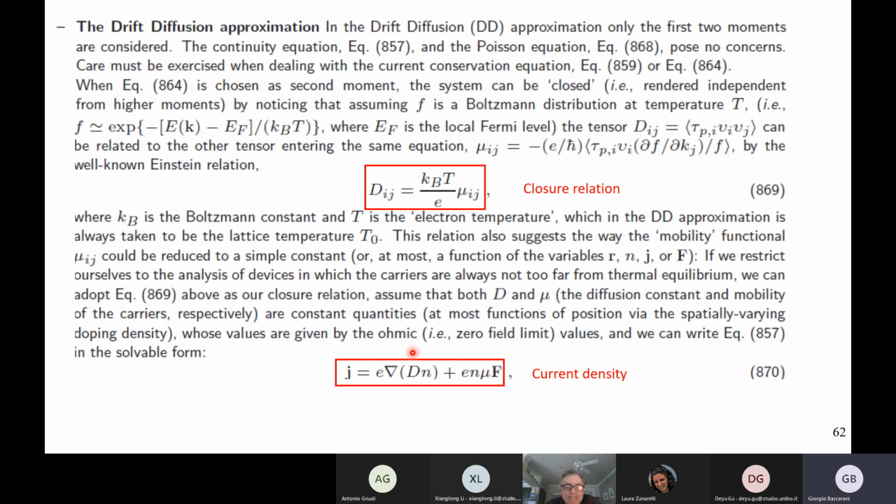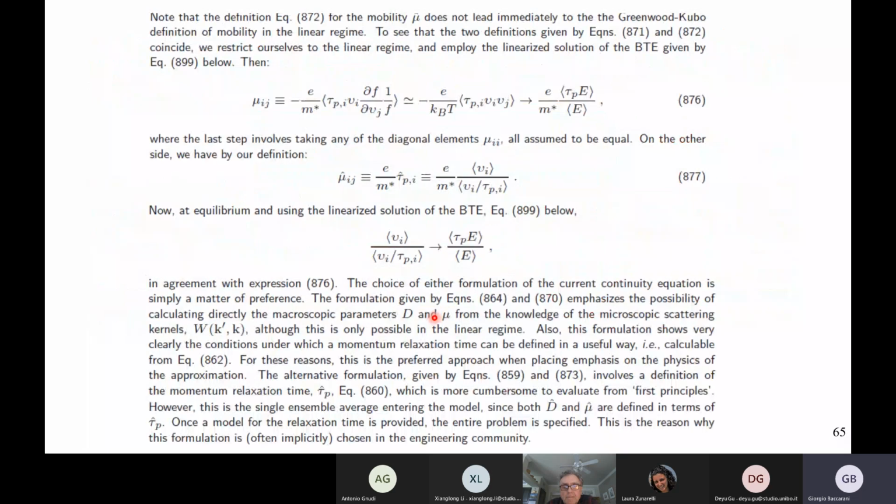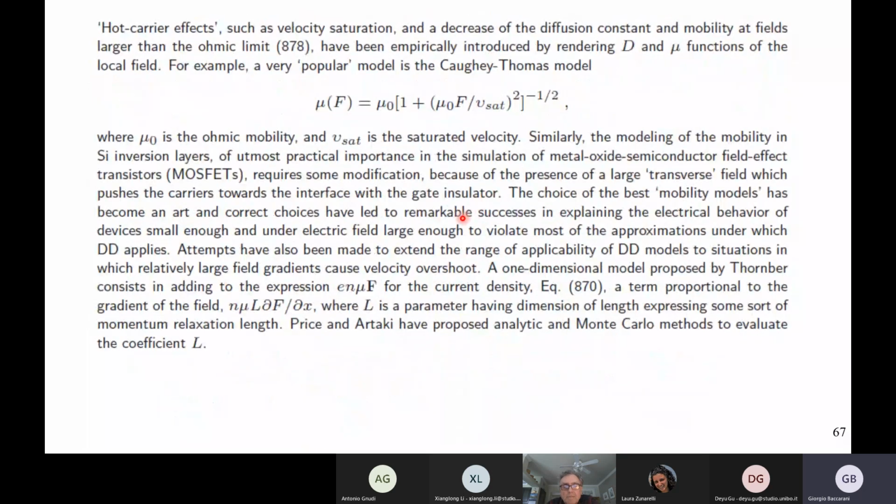Okay, go ahead. No, please. I was saying, on the other hand, this derivative of temperature is one of the main problems of the velocity overshoot that you mentioned before. When you have hot electrons at the drain side of the channel that enter a region where a lot of cold electrons sit, the average temperature drops down very quickly.